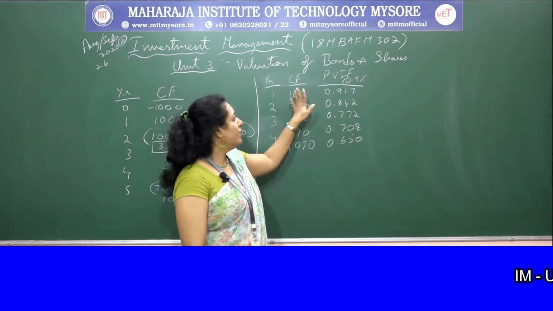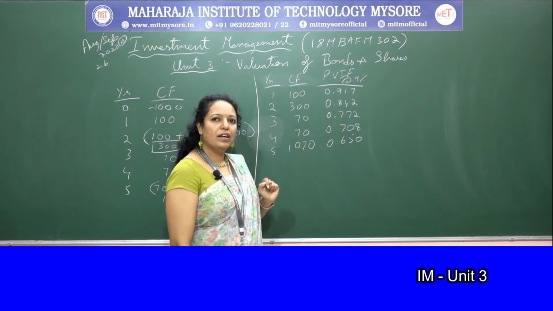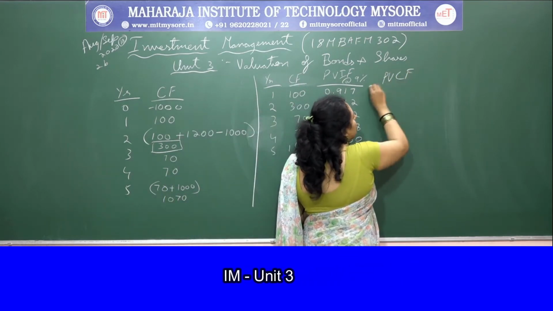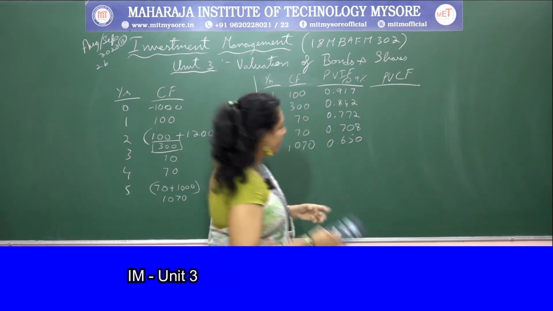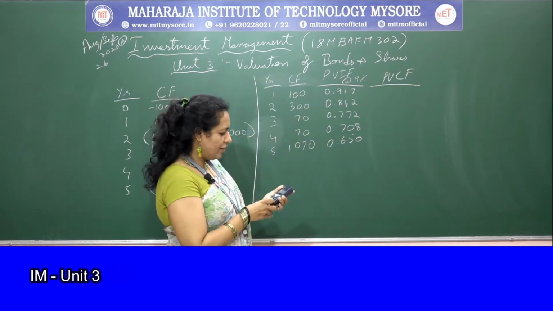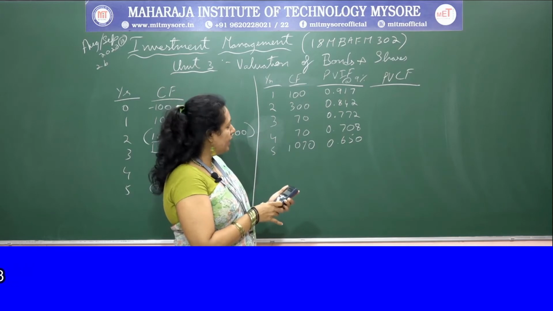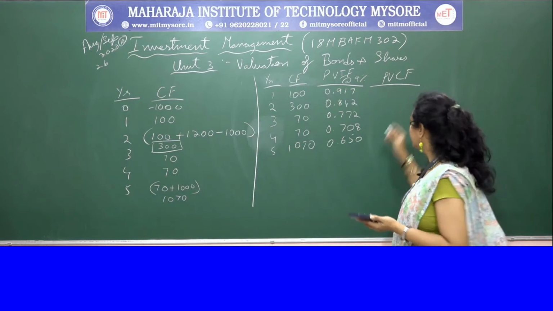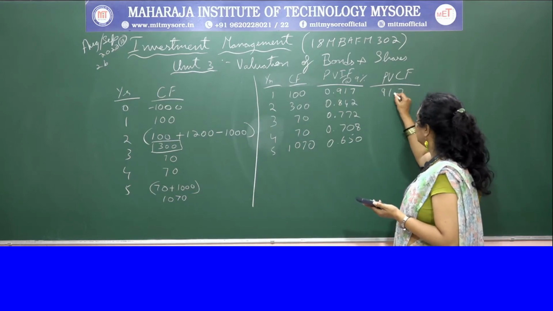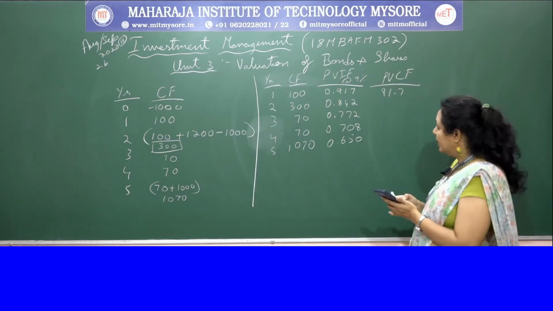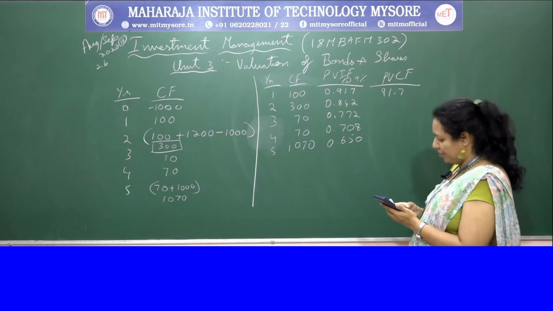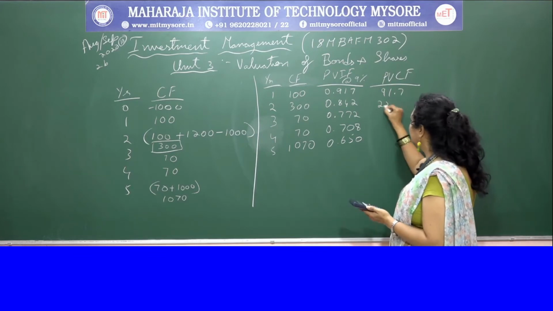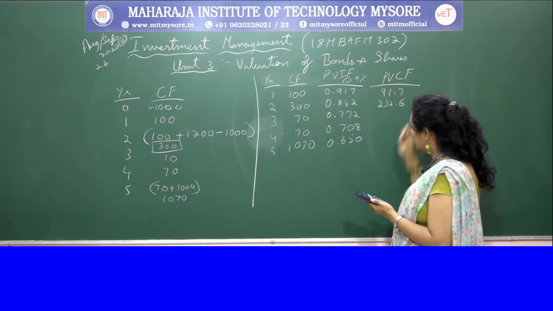Now I'll multiply the cash flows with the present value interest factor, to get the present value of cash flows. I'll take my calculator. 100 into 0.917, you get 91.7. Next, 300 into 0.842, you get 252.6.